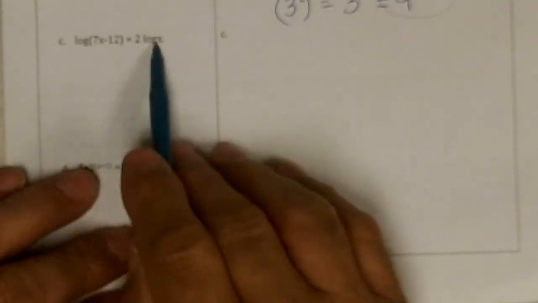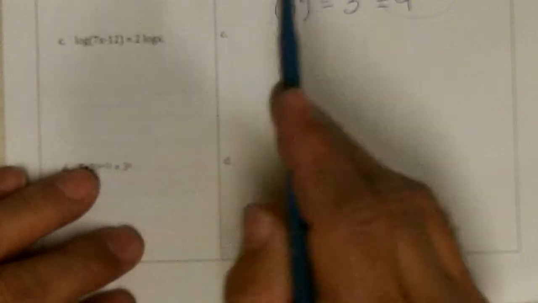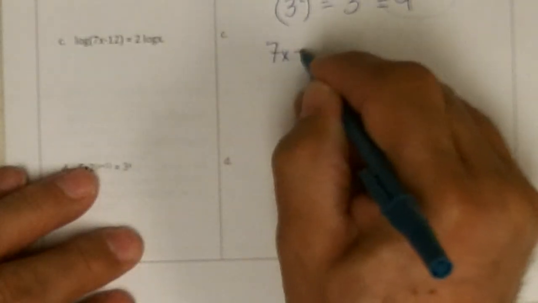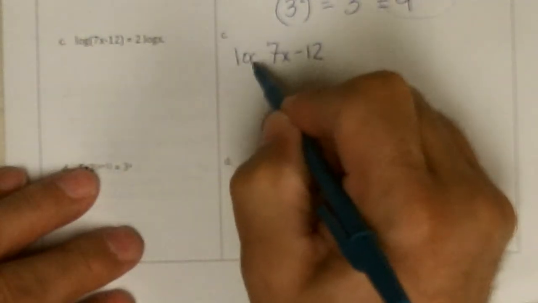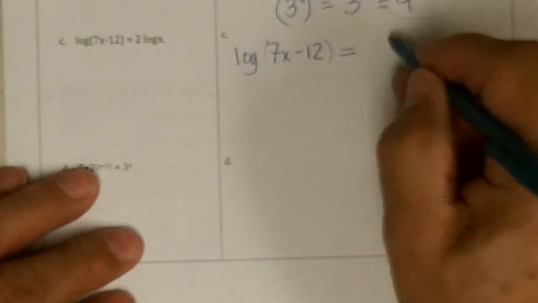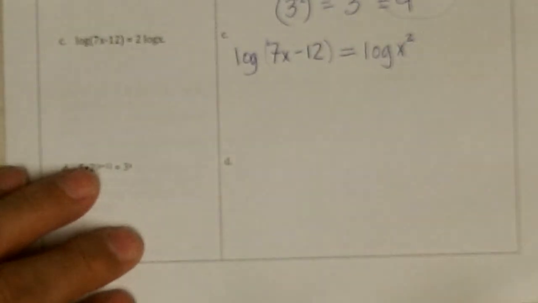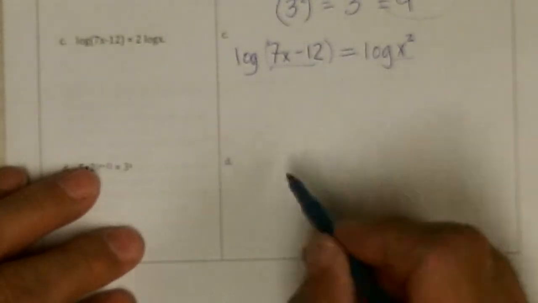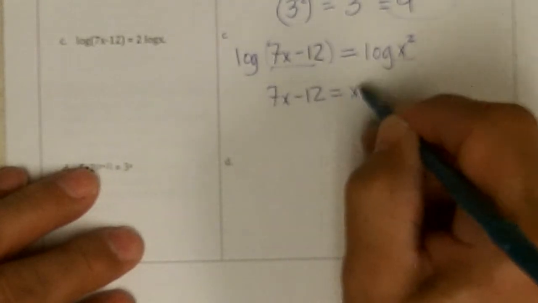Next one. I have log base 10 and log base 10, except that there's a 2 here. So I better put the 2 up as a power, and so I get 7x minus 12. Log base 10 of 7x minus 12 equals log of x squared, putting the 2 back up as a power. Now they're both in log, so these parts must be equal, so I have 7x minus 12 equals x squared.